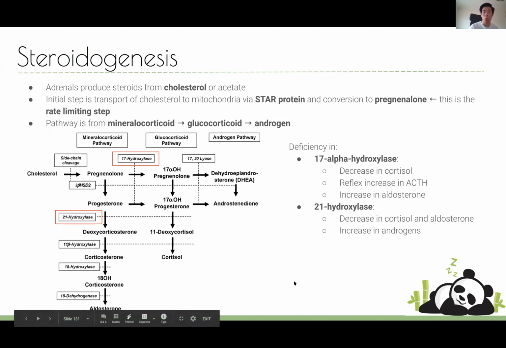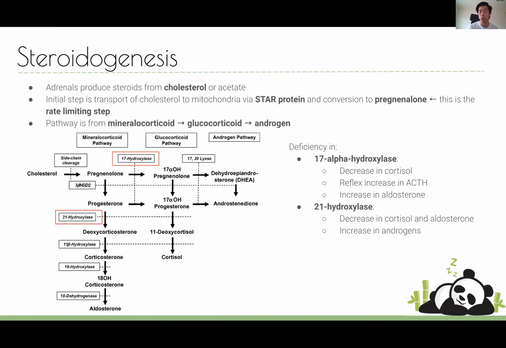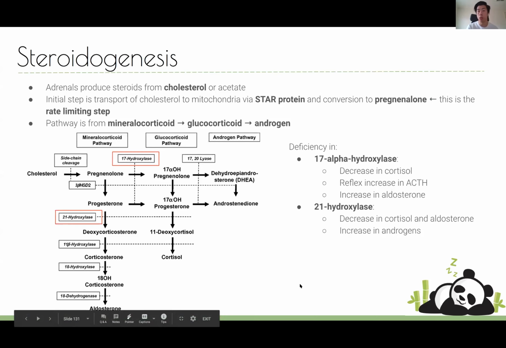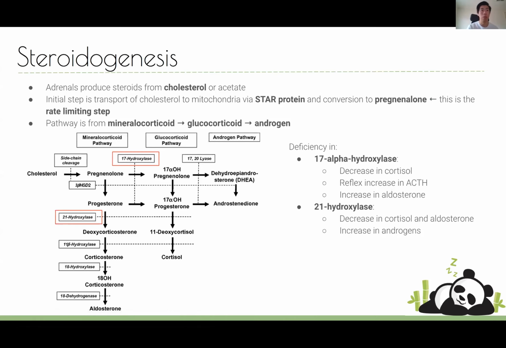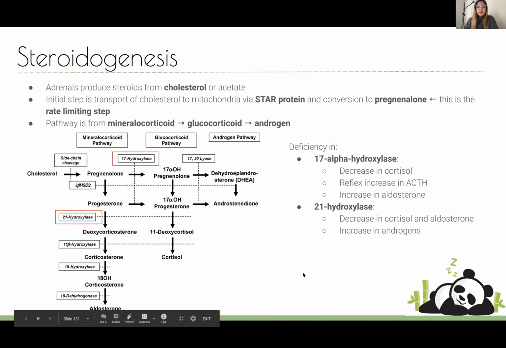These are both causes of congenital adrenal hyperplasia. 21 hydroxylase deficiency is just the more common type, the one they typically talk about more when they talk about CAH. And you'll come back to this in repro as well.